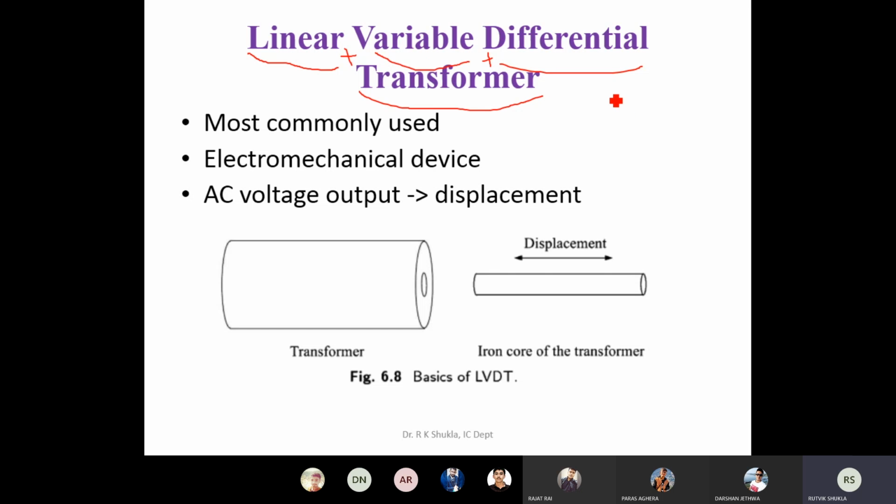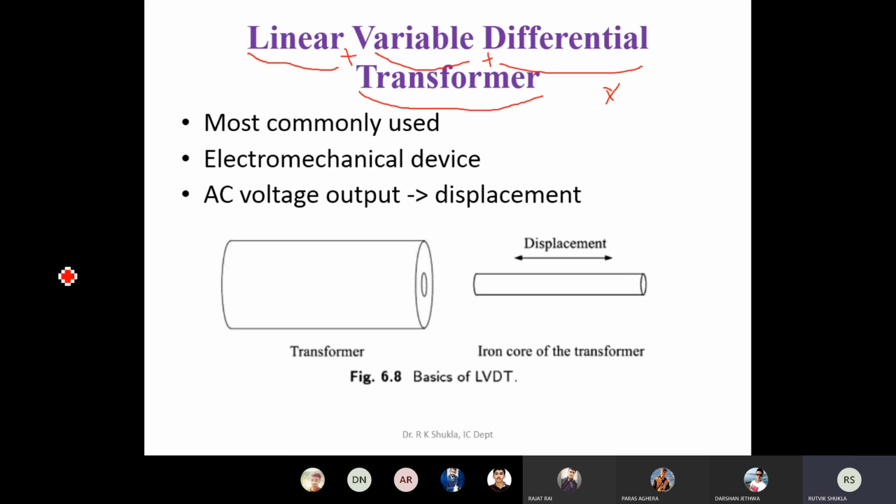So here variable is a term used to describe the change in the mutual induction, the way in which primary and secondaries are connected. Differential is due to the fact that we are using two secondaries, connected in such a way that due to the movement of the rod or the core, one of the outputs is increasing while the other is reducing. They both are connected in series opposition, so that is a differential connection.